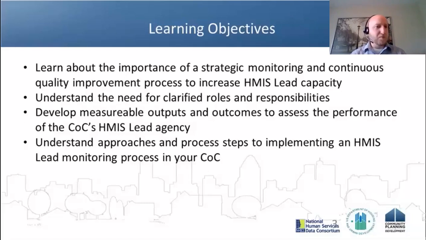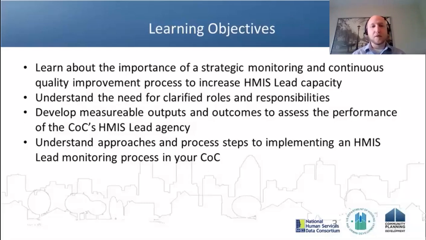Oftentimes these are just more informally understood, right? If not the HMIS lead, then who? We want to make sure that the HMIS lead is being monitored and held accountable for the things that they're specifically responsible for, and make sure we have a really good, solid, and transparent understanding of what is a shared responsibility versus what is the sole responsibility of the HMIS lead.